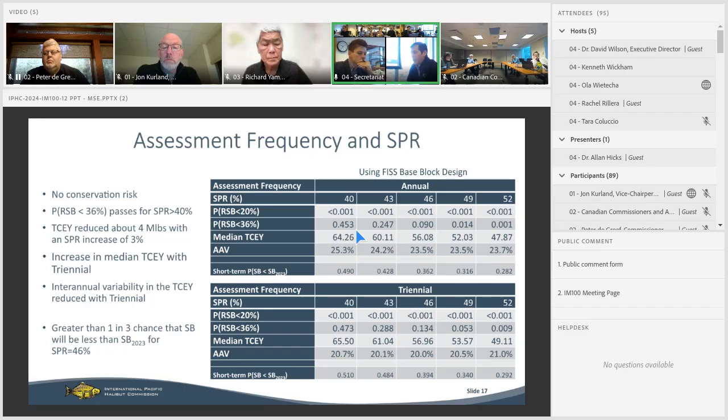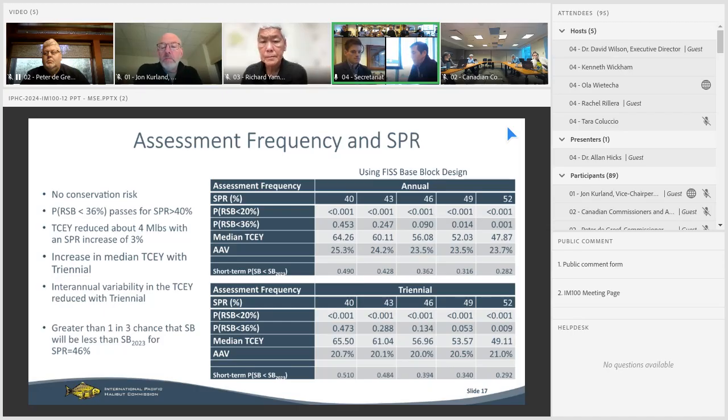So it passes for all of those SPR levels. The TCY is reduced about 4 million pounds for every SPR increase of 3%. So you can think about this, for every 1% increase in the SPR, the TCY is reduced about 1.3 million pounds. And that's the fishing intensity level.